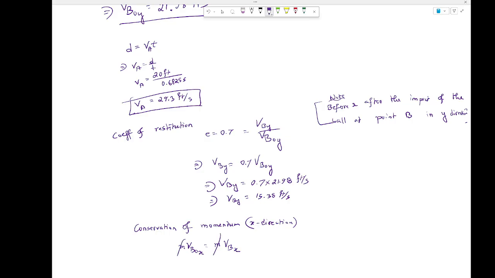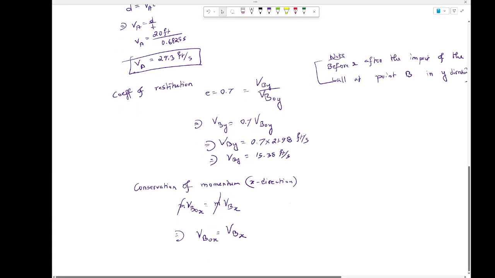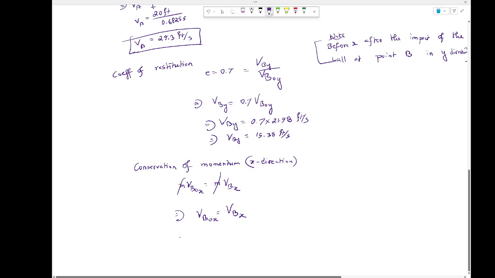And this mass is going to go away. So what does it tell me? It tells me my velocity in x direction is the same before and after. Does it make sense? So now can I write this like BVX equals BV0X, before and after the impact, equal to 29.3.